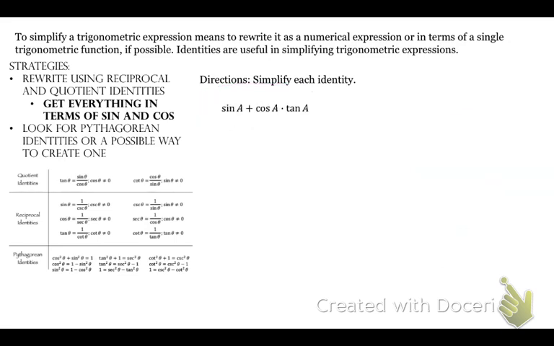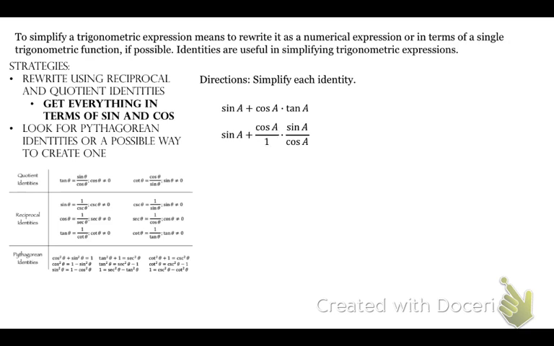Let's look at this one. So sine of A plus cosine of A times tangent of A. Again, start with getting everything in terms of sine and cosine. So the sine of A is not going to change, cosine of A is not going to change, but tangent, let's change it to sine over cosine.